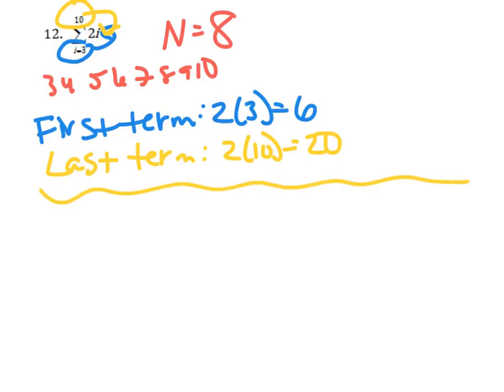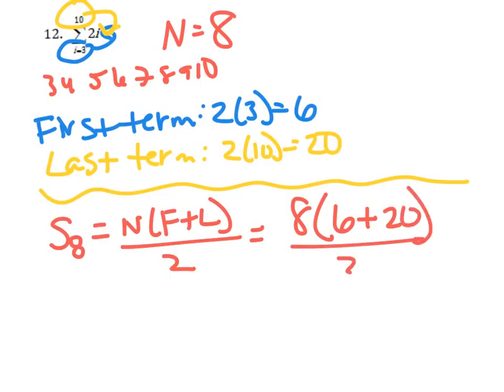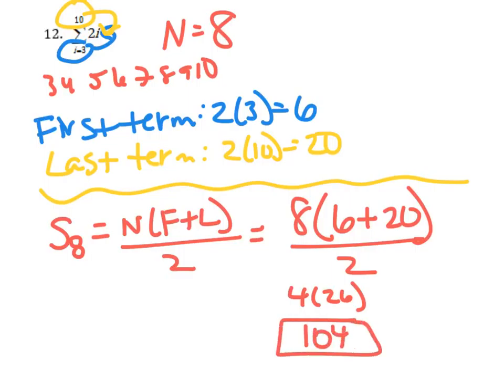And once you have all of that, my sum of 8 numbers is equal to n times (f plus l) over 2. So my number of terms is 8, my first term is 6, my last term is 20, over 2. So 4 times your 26 is going to give you 104 for your total.